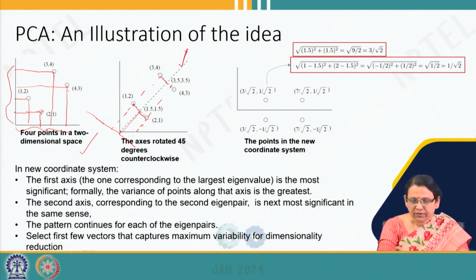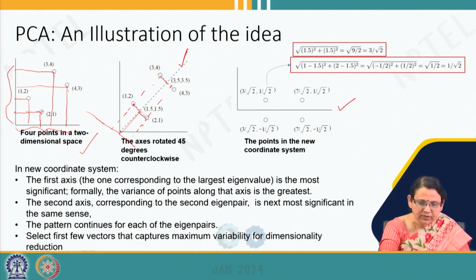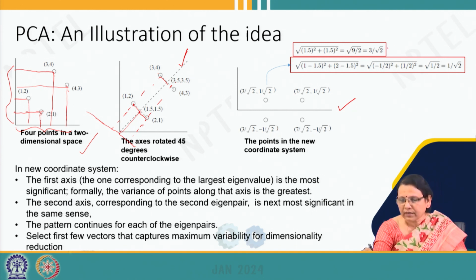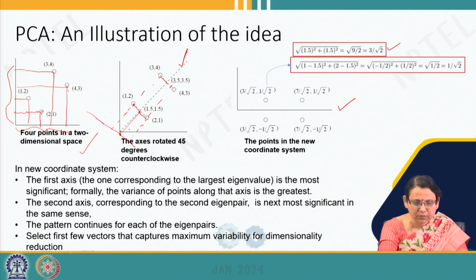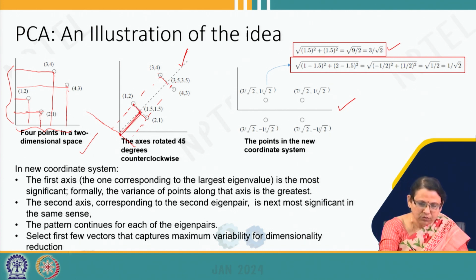So, if we represent this in terms of this new rotated axis, the points are now here. Now, look, this is 1.5. So, the first point becomes the square root of 1.5 squared plus 1.5 squared, the distance from this. So, this is 3 by root 2.